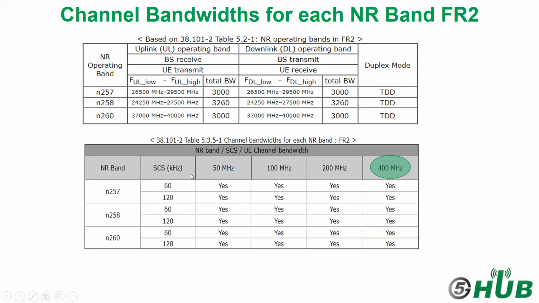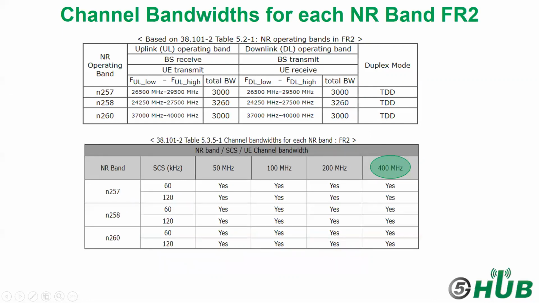We have different bands like N257, N258, and N260, and the maximum channel bandwidth will be 400 megahertz, and duplex mode will always be TDD for time division duplex.